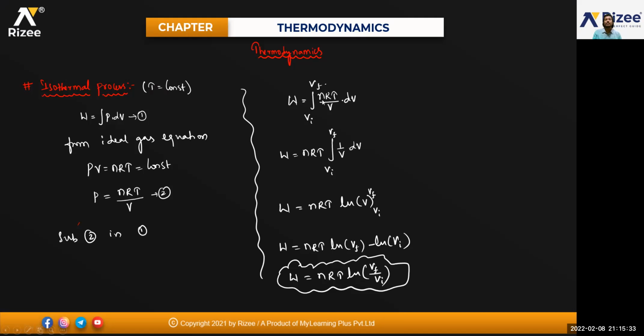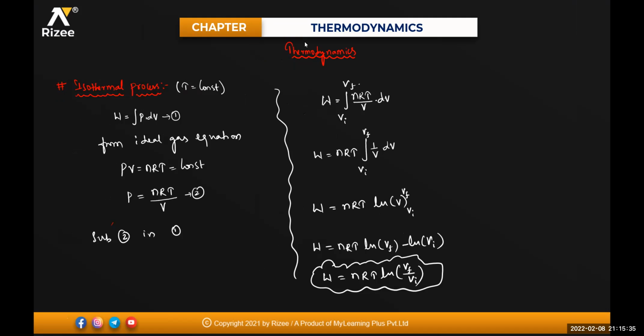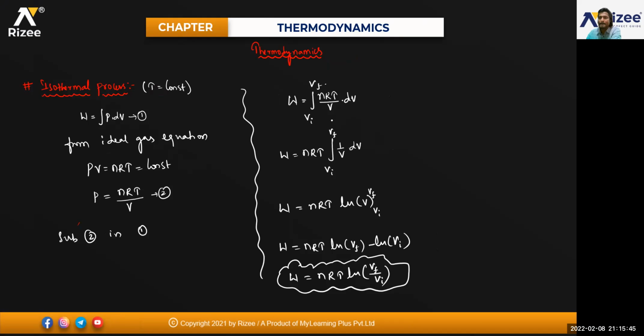Is it clear for everyone? Clear, beta? Chalo. So as T is constant, from the ideal gas equation PV is equal to a constant.